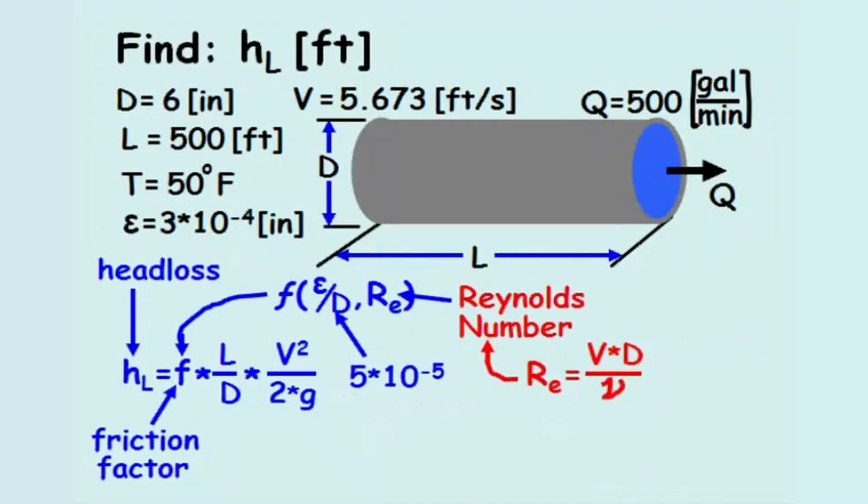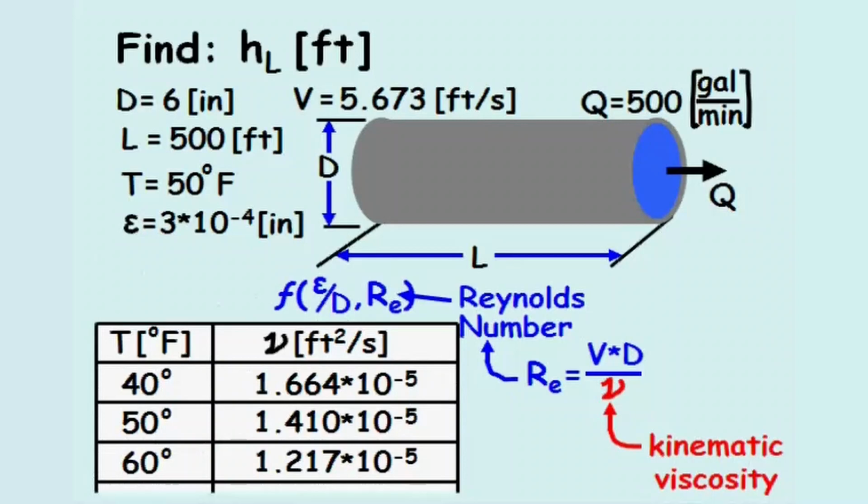The Reynolds number equals the velocity times the diameter divided by the kinematic viscosity. The kinematic viscosity is a function of the water temperature and can be looked up in a table. Since the temperature is 50 degrees Fahrenheit, the kinematic viscosity is 1.410 times 10 to the negative 5 feet squared per second.